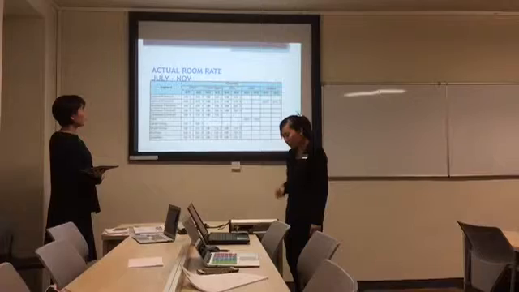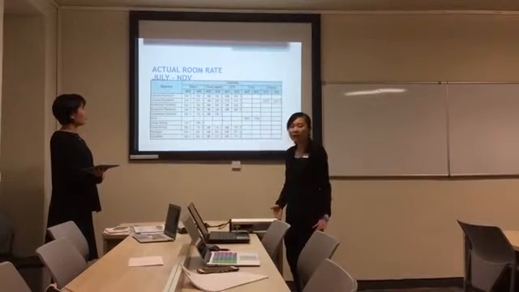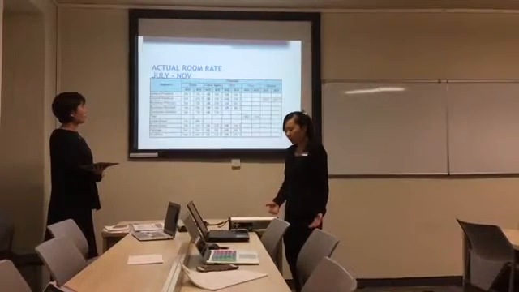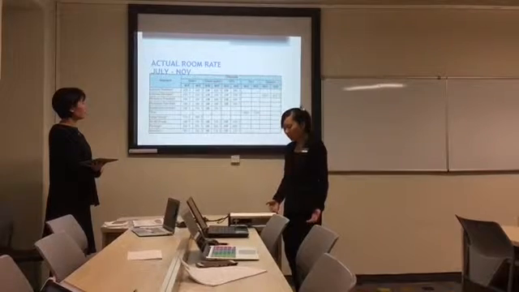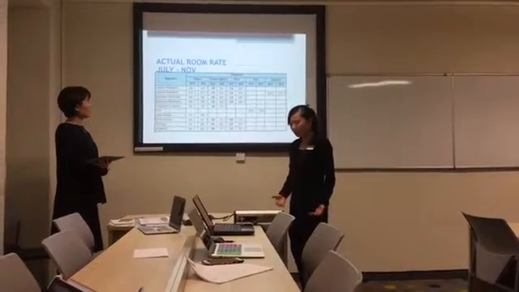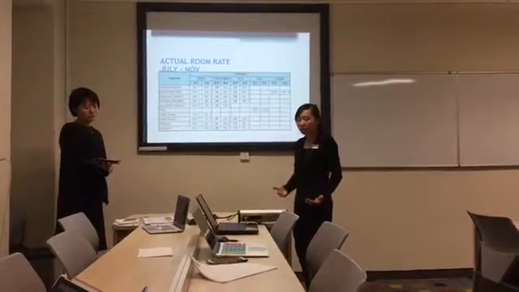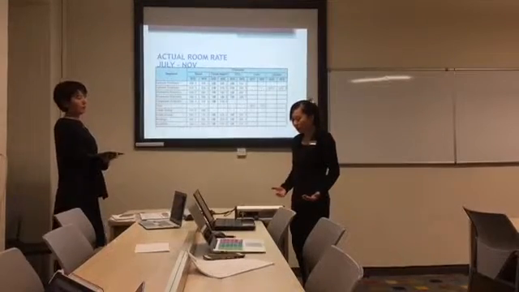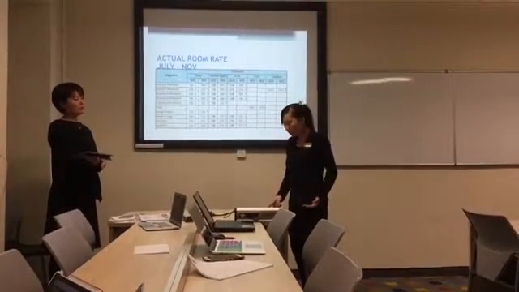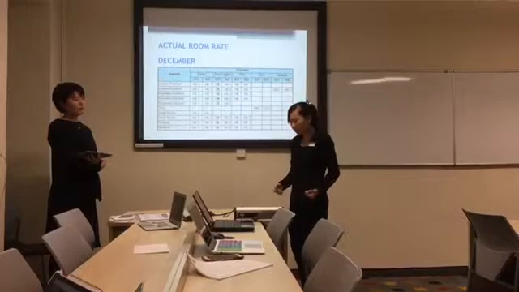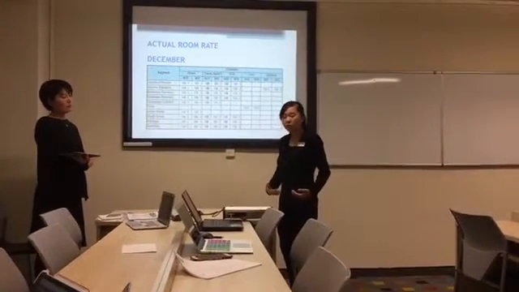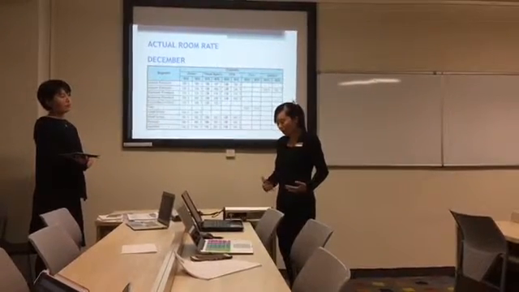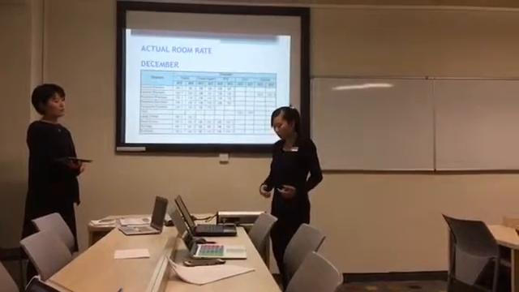And from July to November, we recognize that our hotel creates little revenue, so we decide to increase 10%. But unfortunately, in this period, we didn't get more guests. So in December, we try to reduce the price rate by about 10%.